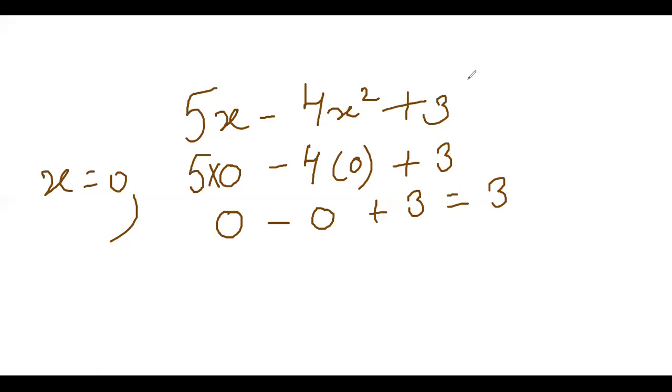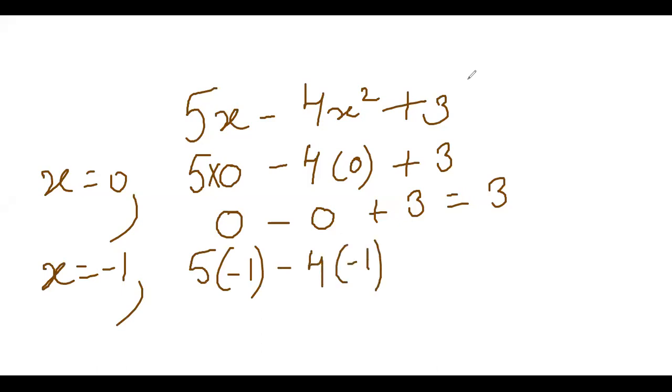Next, we are to put x is equal to minus 1. So 5 into minus 1 minus 4 into minus 1 square plus 3. X के place पे minus 1. Then 5 into minus 1, minus 5.